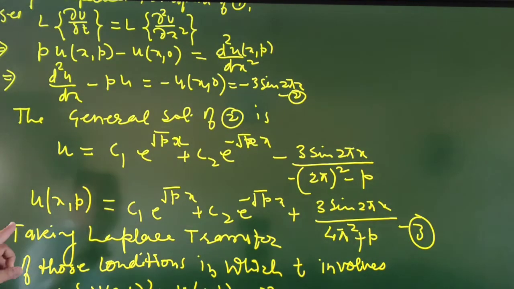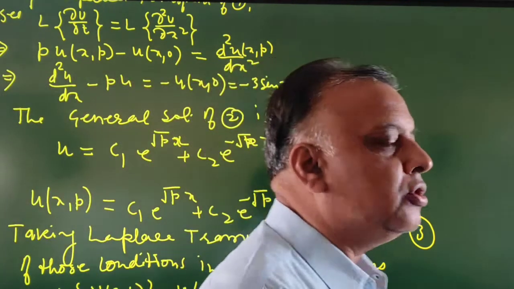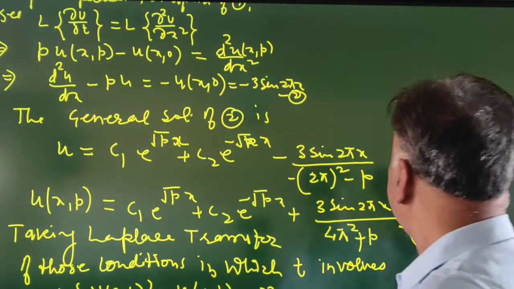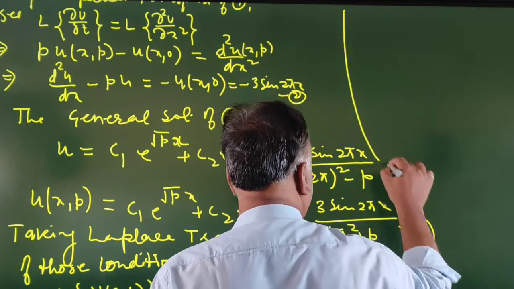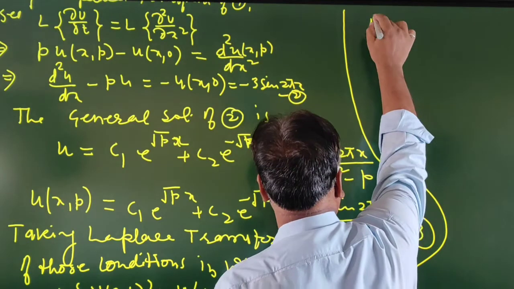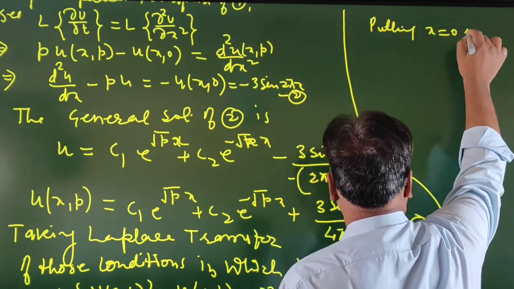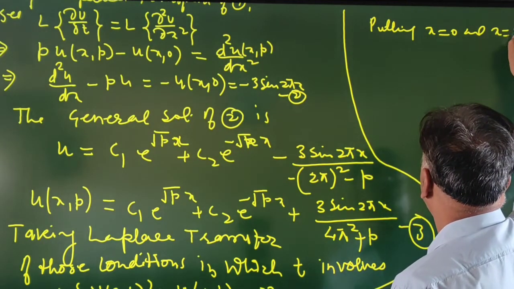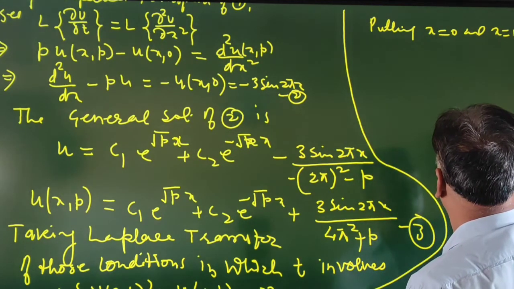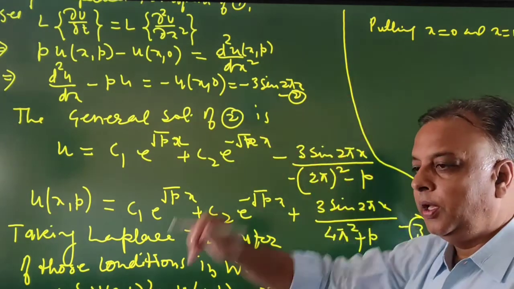So in order to find the values of the constants c1 and c2, we put x = 0 and x = 1 in equation 3.